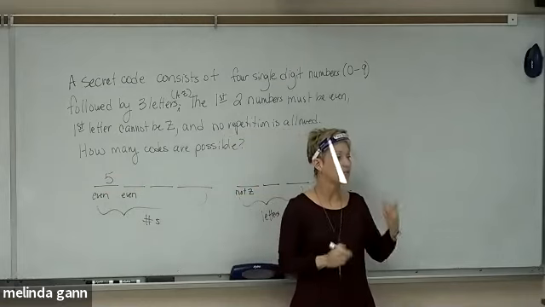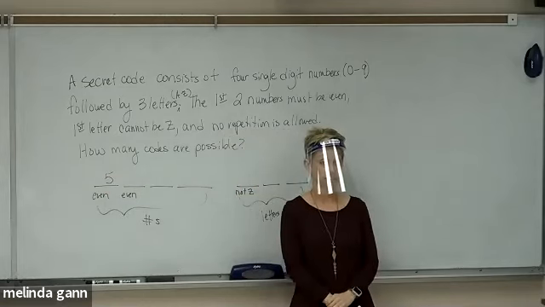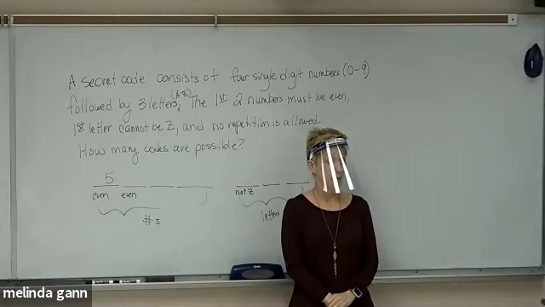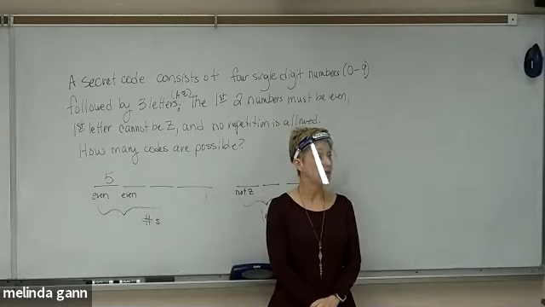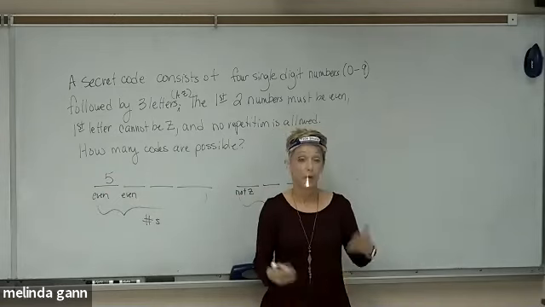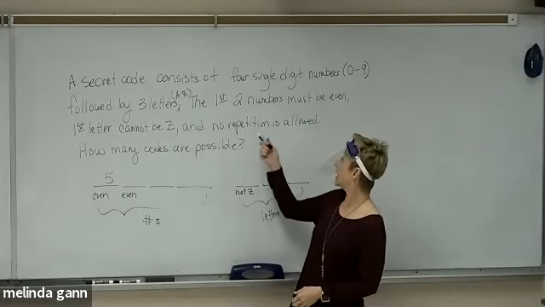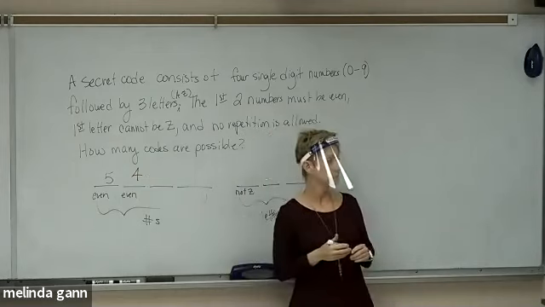I'm saying there are 5 different even numbers from which to pick. Now, when I pick the second number from my secret code, how many choices do I have now? 4. Why 4? Because you already used 1, and we said no repetition.